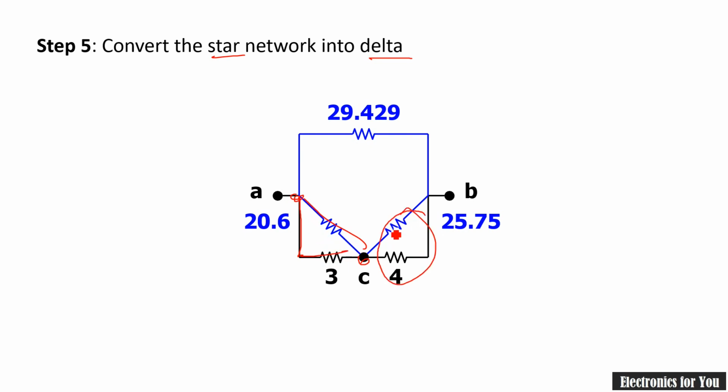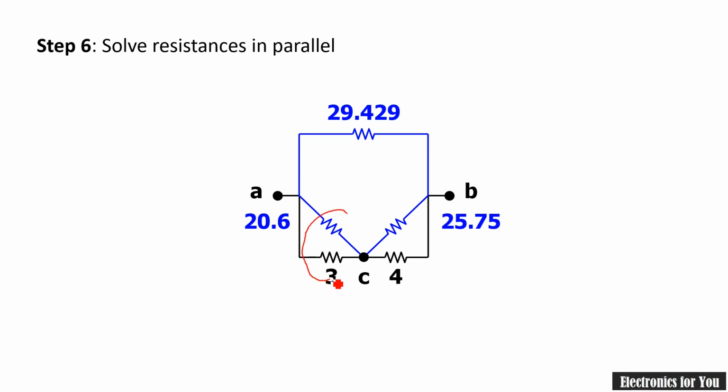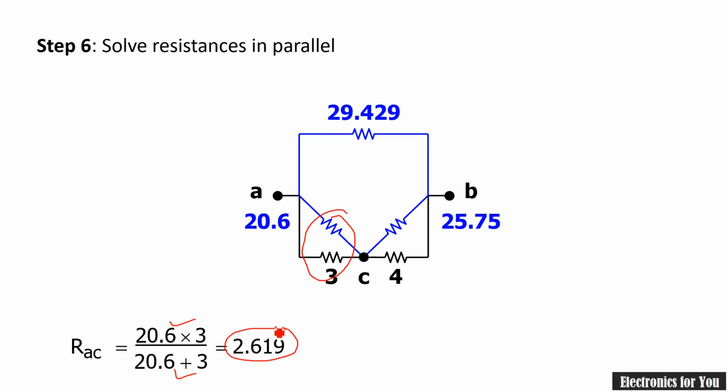Similarly, these two resistances are also in parallel, and therefore we can use the formula for solving resistances in parallel. If I solve it, the multiplication of these two in numerator divided by their addition, and therefore we will get 2.619.